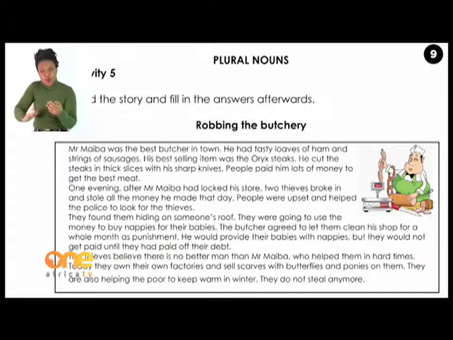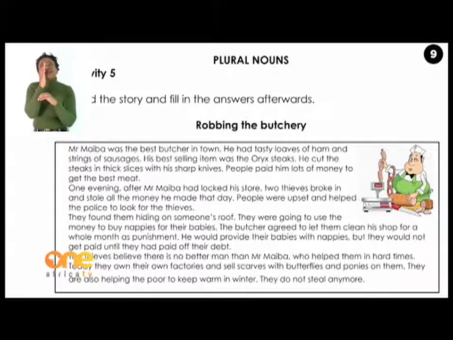One evening, after Mr. Mayber had locked his store, 2 thieves broke in and stole all the money he made that day. People were upset and helped the police to look for the thieves. They found them hiding on someone's roof.